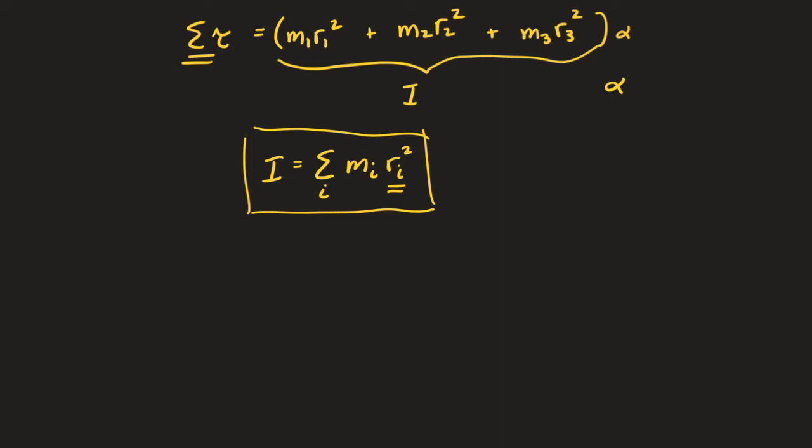This is something students will mess up quite a bit, and I want to make sure that we don't. Yes, r represents the perpendicular distance from that point mass to the axis of rotation. Put in your notes: the shortest distance from the mass to the axis of rotation.